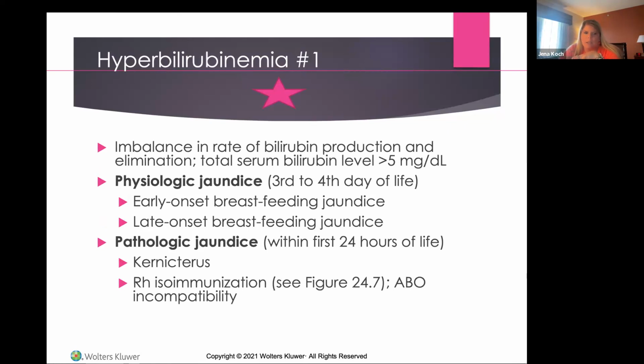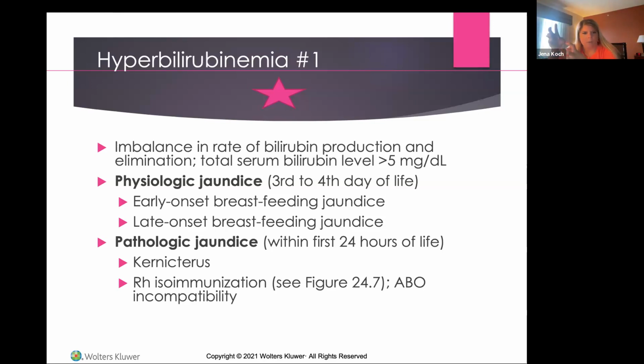It can result in kernicterus, which was common probably 30 years ago, right? I don't think it's common in 2023. A long time ago, they would look at babies and say, oh yeah, you look okay, and send them home. They would never check for bilirubin.